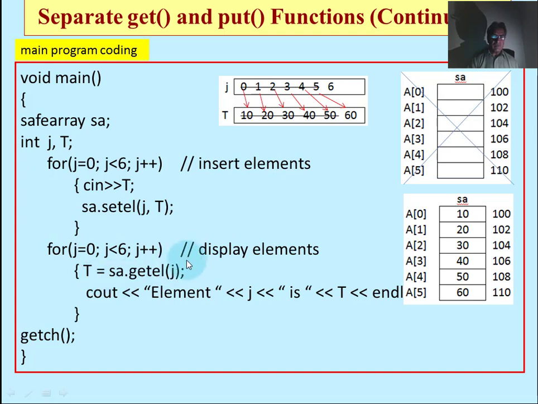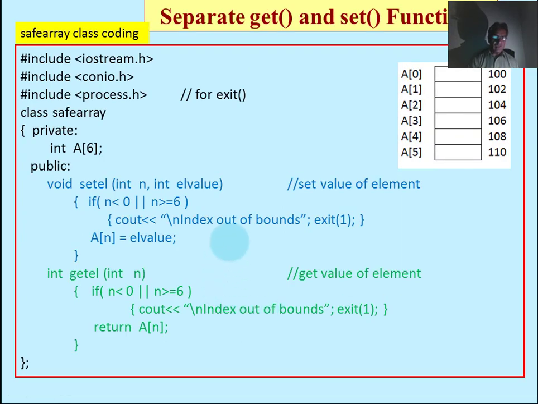J is 0. We will pass it j 0. Then it will check whether 0 belongs within bound or not. So 0 less than 0, no. 0 is greater than 6, no. Then it will not execute this line, and it will come here.